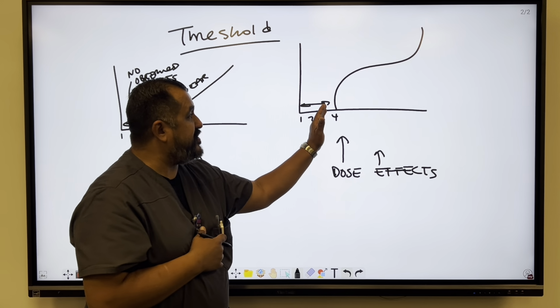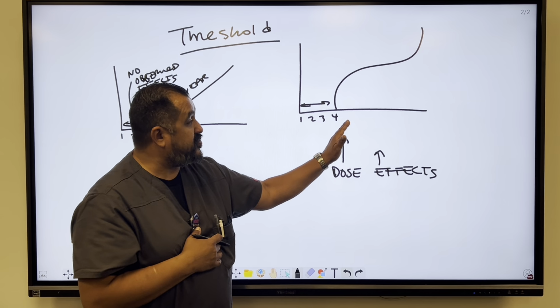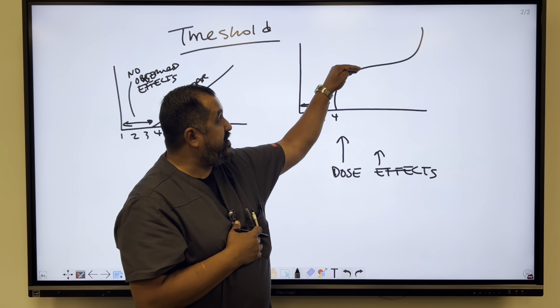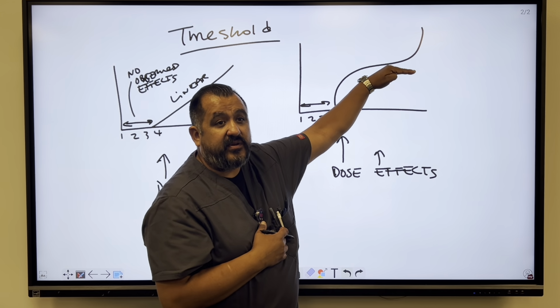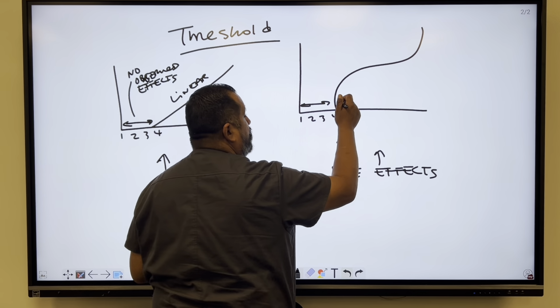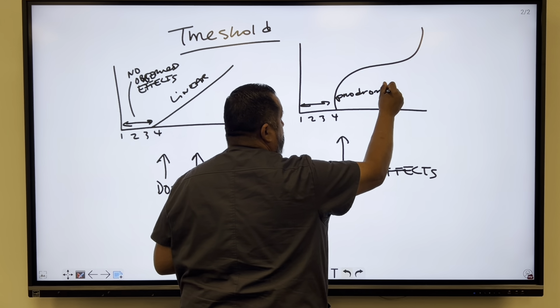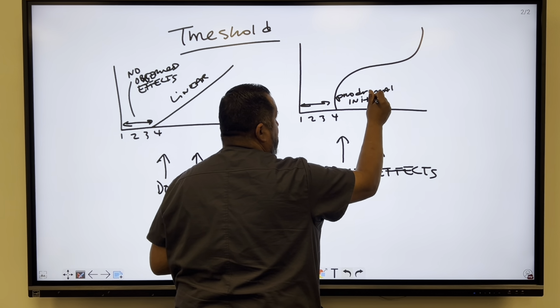You started to have this appearance of effects, but as the dose was going up, it kind of tapered off a little bit, kind of plateaued, and then it spiked. So you have what's called the prodromal, also known as initial stage.